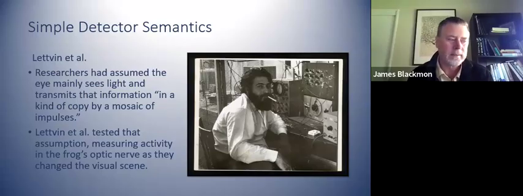So if you want to delve into this history, that's a key article. And their point was that even early on in the optic nerve, coming from the retina, you get perception, you get meaningful detection.